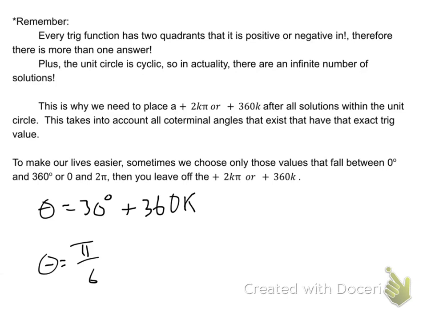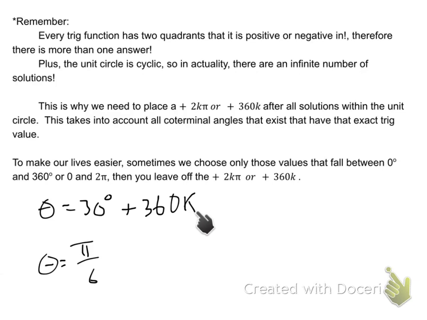Now, what does that mean? It means 30 plus 360. It's 30 plus 360 times 2. It's 30 plus 360 times 5. It's every whole number or integer, positive and negative, values of k.